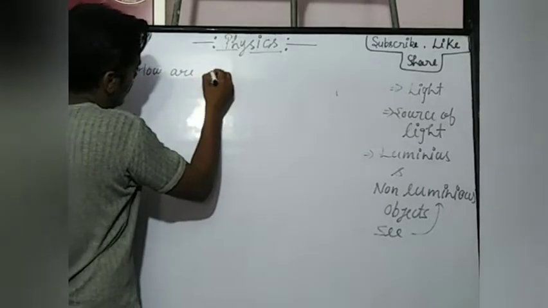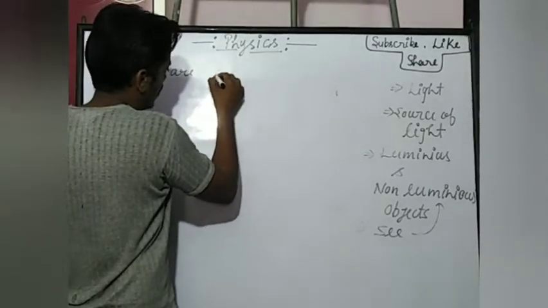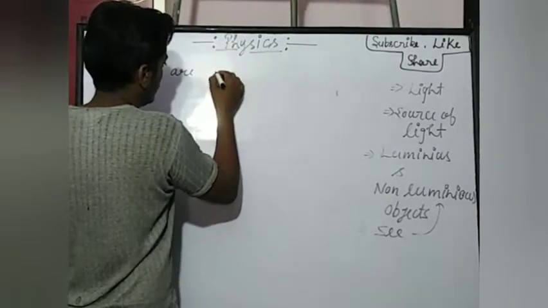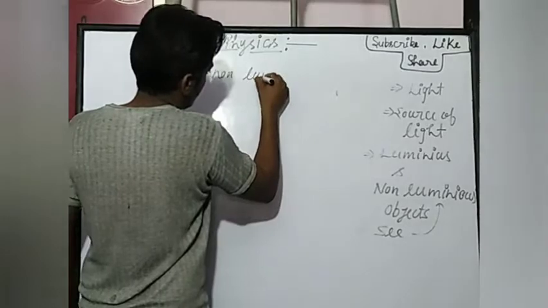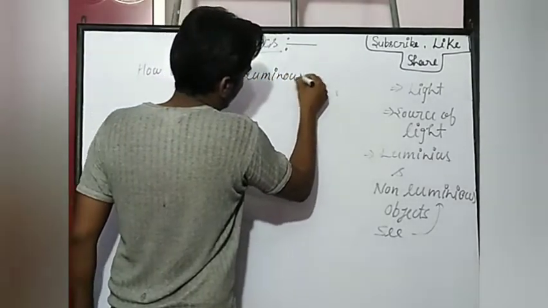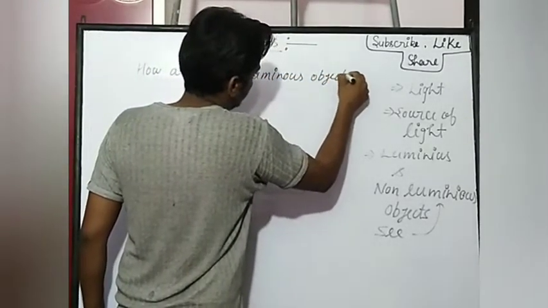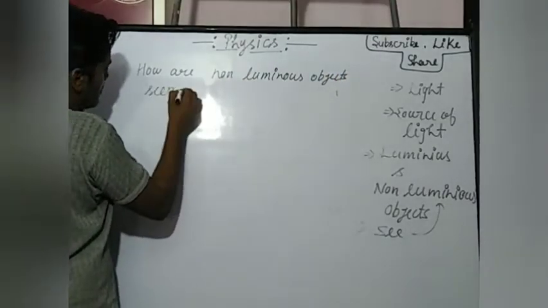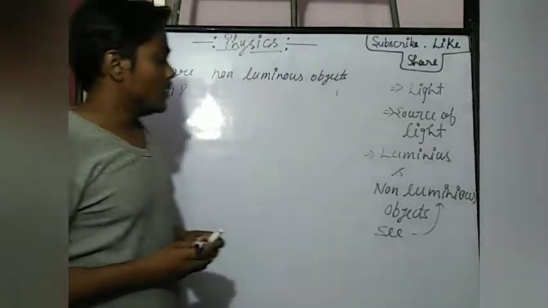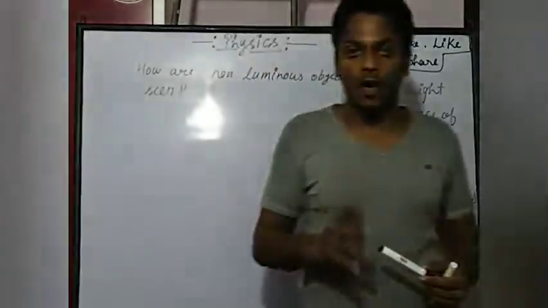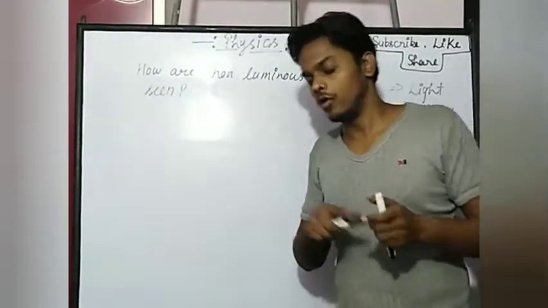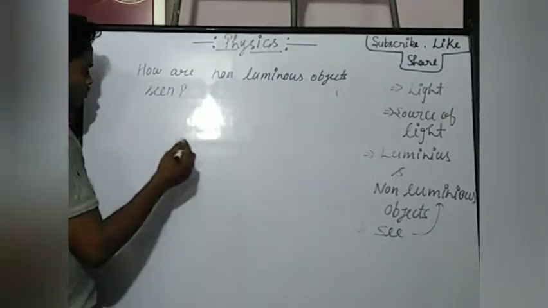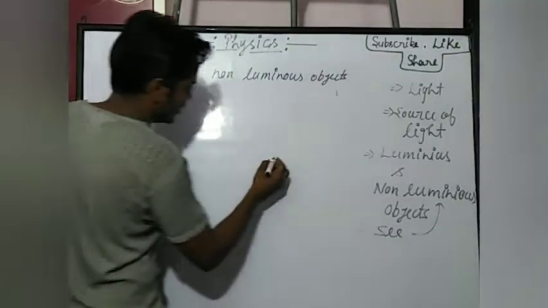How are non-luminous objects seen? I will draw a figure, then you can understand all things.